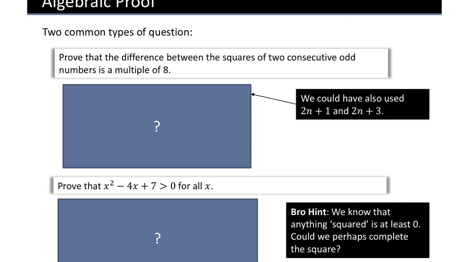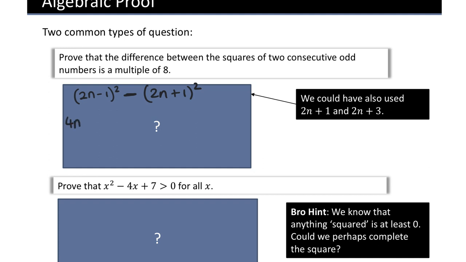So for question 1, prove that the difference between the squares of 2 consecutive odd numbers. So 2 consecutive odd numbers, 2n minus 1 squared, and it wants the difference, and 2n plus 1 squared is a multiple of 8. Okay? So I'm going to expand out.